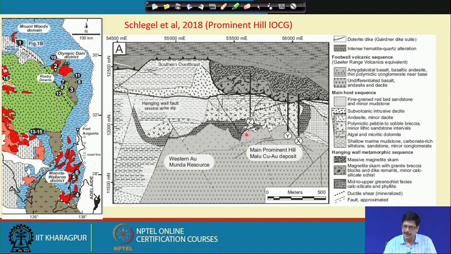These zones are the intense hematite quartz zones, and these are the zones represented by the polymictic pebble to cobble breccia with minor lithic dacite and sandstone intervals, and these are the siltstone mudstone. So, this entire sequence shows the Proterozoic basement sediment along with the magmatic units, the volcano-plutonic unit, and this is represented by the Gawler volcanics.